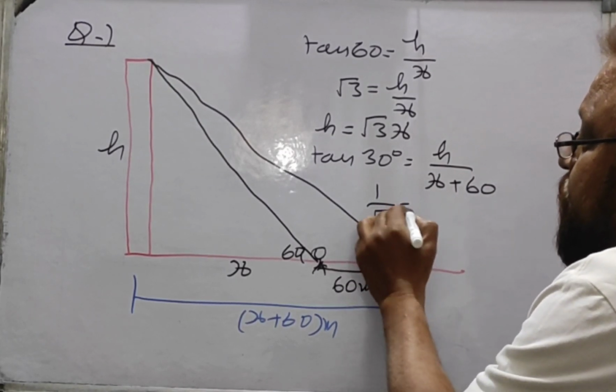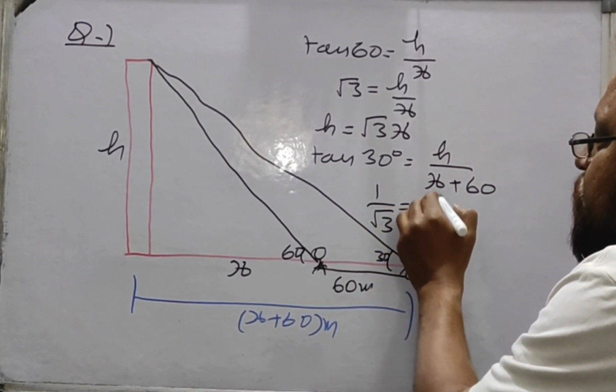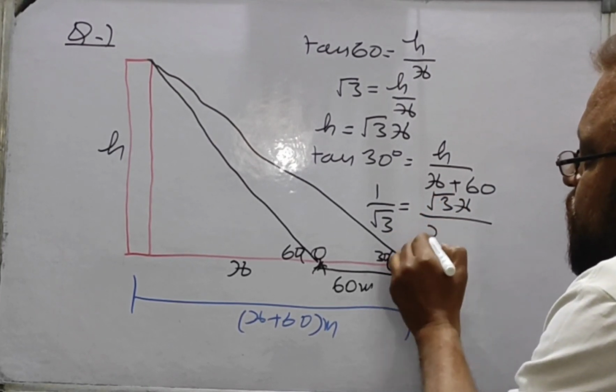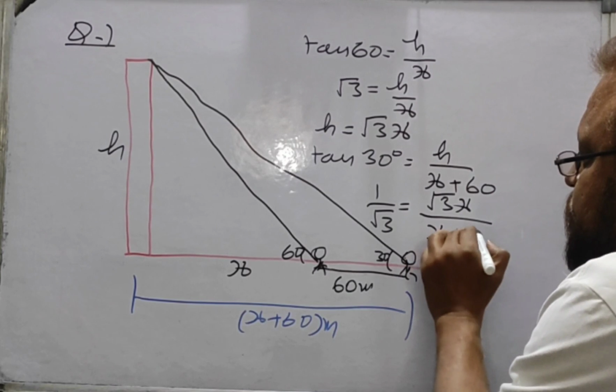So 1 upon root 3 is equal to root 3x upon x plus 60.